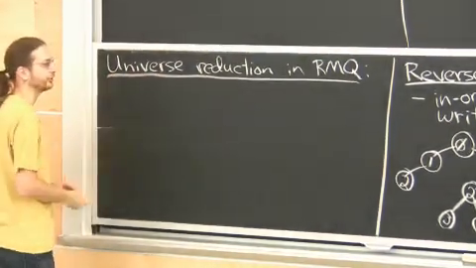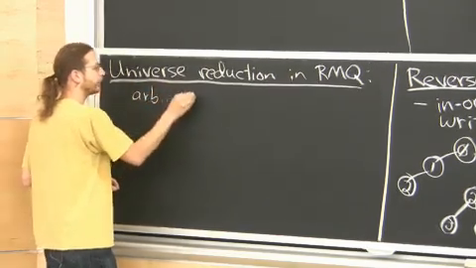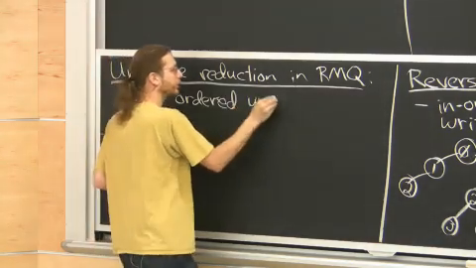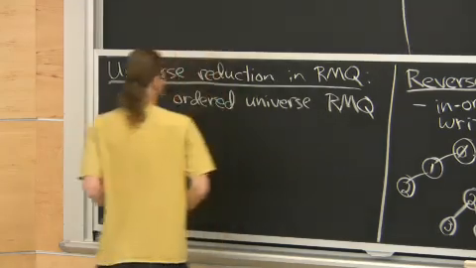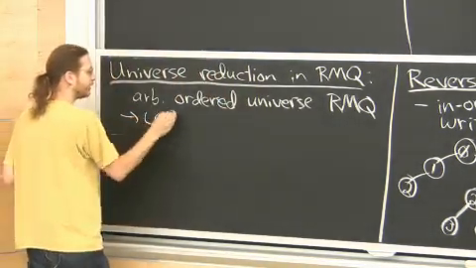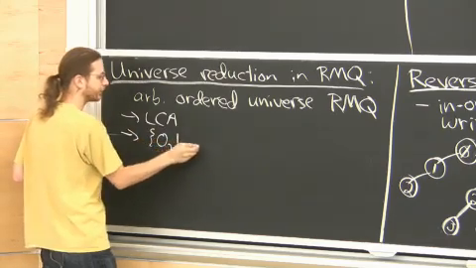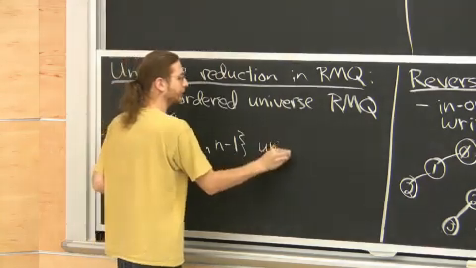And that's why this reduction does this. But you can start from an arbitrary ordered universe and have an RMQ problem on that, and you can convert it to LCA, and then you can convert it to a nice clean universe RMQ.